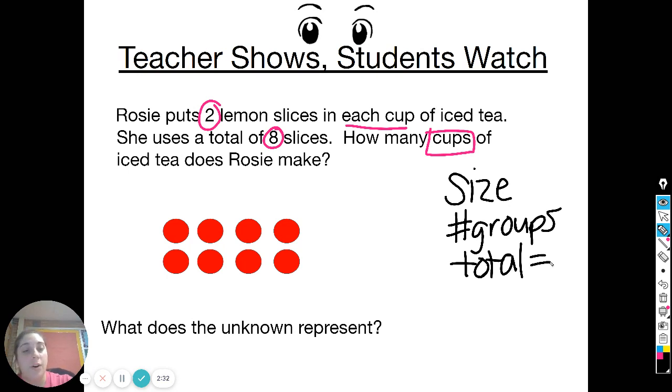That means that we know our total. Our total is 8. There are 2 lemon slices in each cup. So every single cup has 2 lemon slices. So we know that the size of each group is 2. So then what does that leave as our unknown? The number of groups. We do not know how many cups there are, okay? We know there's 8 slices and we put 2 in each cup, but how many cups can we end up with?